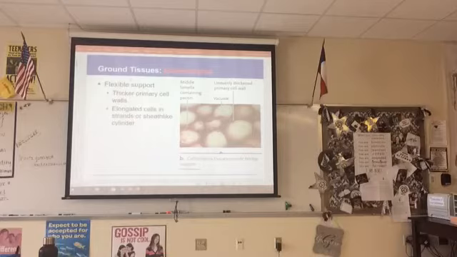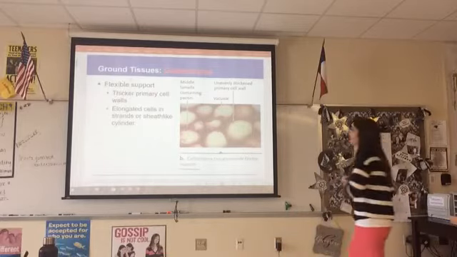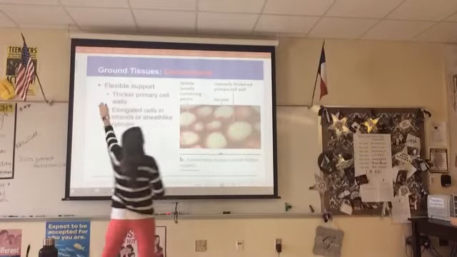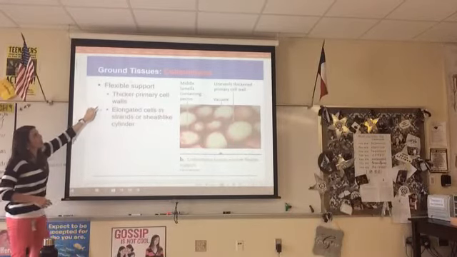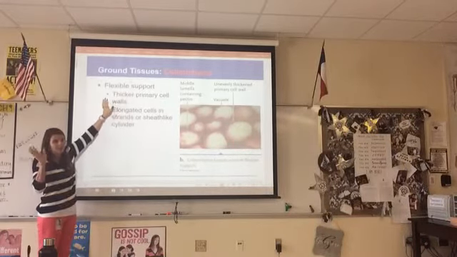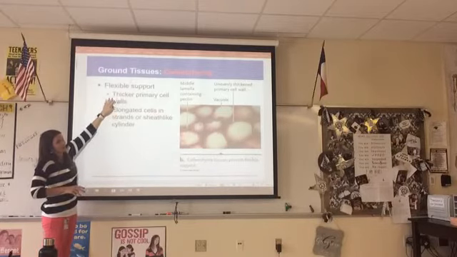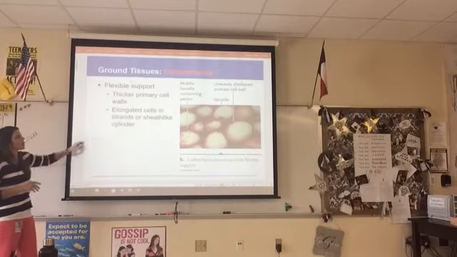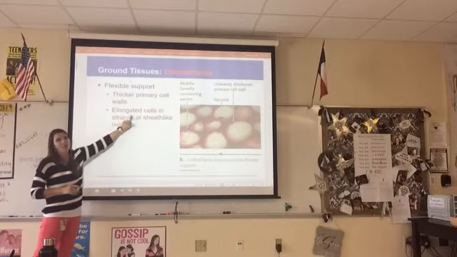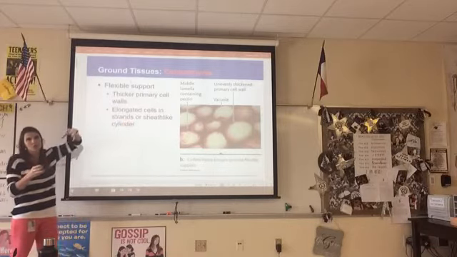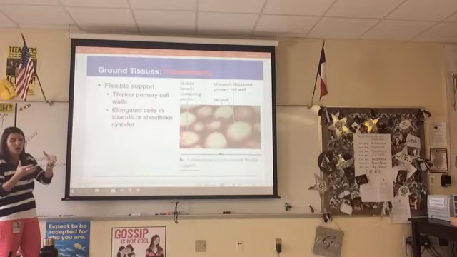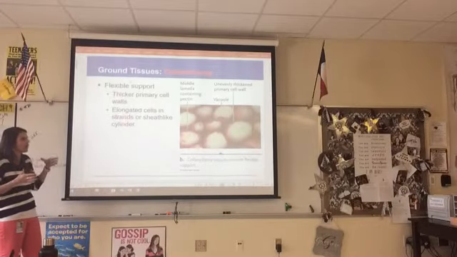All right, now we have collenchymal cells, or collenchyma. These are still flexible, but their primary cell wall, that's all they have, they don't have a secondary one, is much thicker. It also mentions that those cells become elongated, so they start to stretch out. And I showed you in that previous picture, they were a little bit bigger.